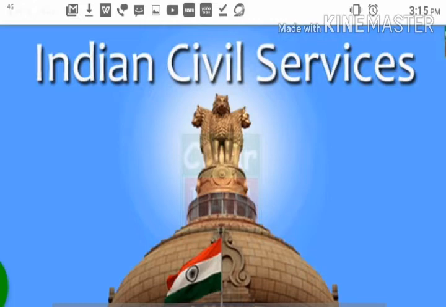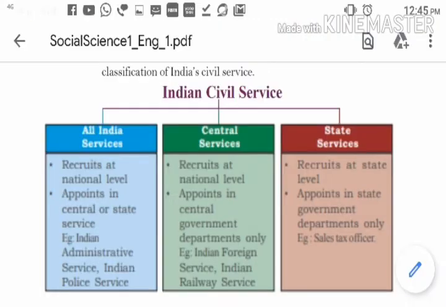So Indian civil service generally we classify into three types. The first one all India service, second one central service, third one state service. All India service recruits at a national level, appoints in central or state service.